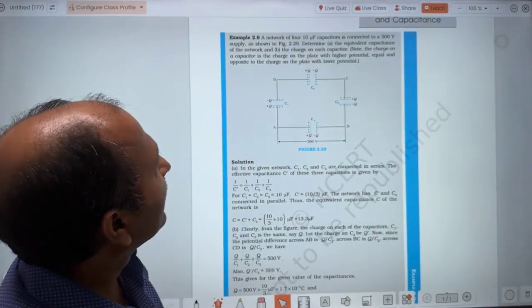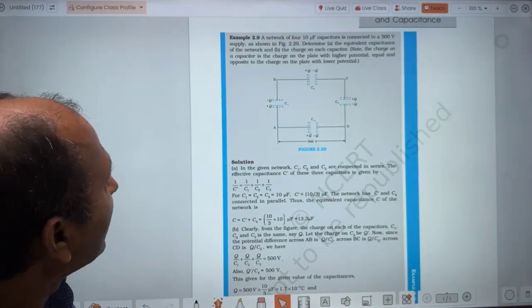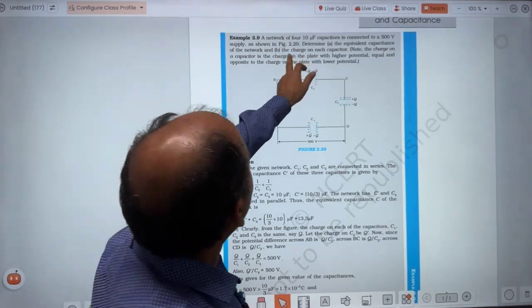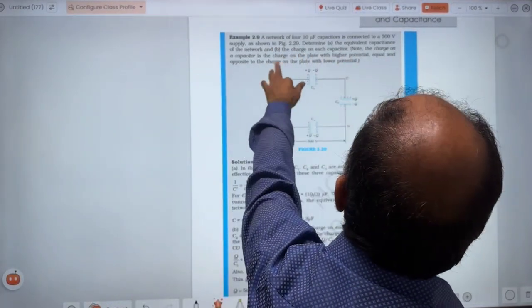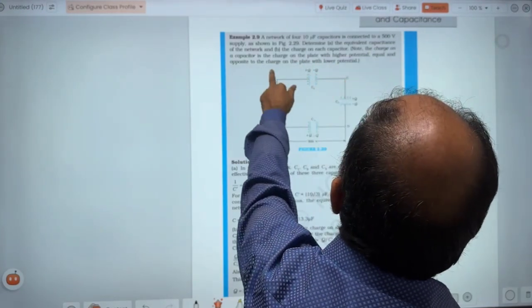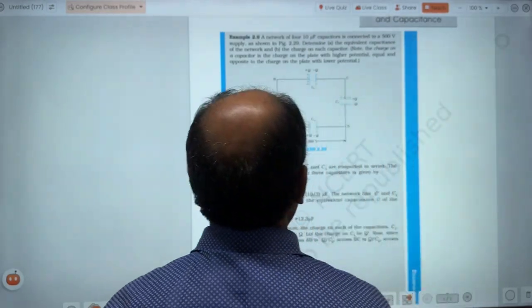Now determine the equivalent capacitance of the network, and then the charge on each capacitor. Note that the charge on a capacitor is the charge on the plate with higher potential, equal and opposite to the charge on the plate with lower potential, that you know.